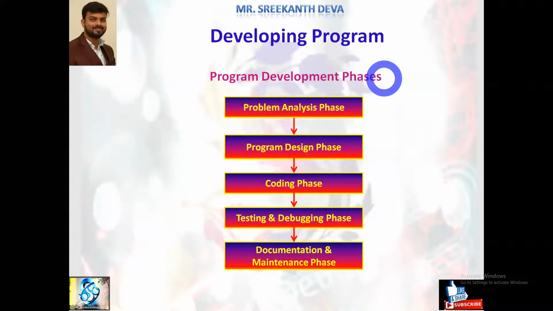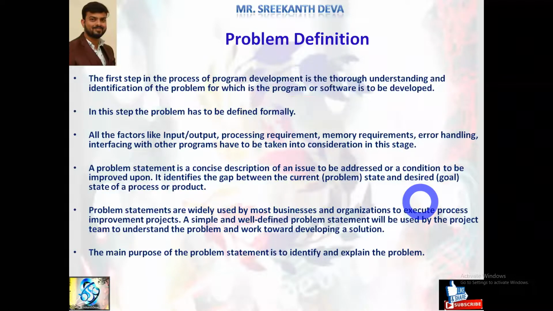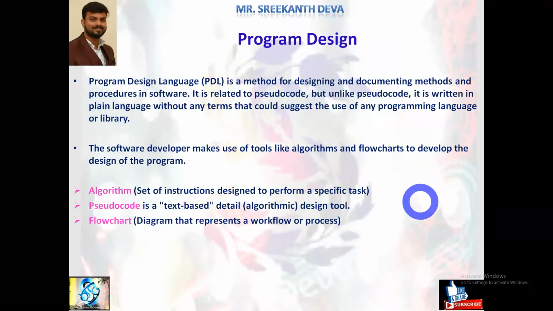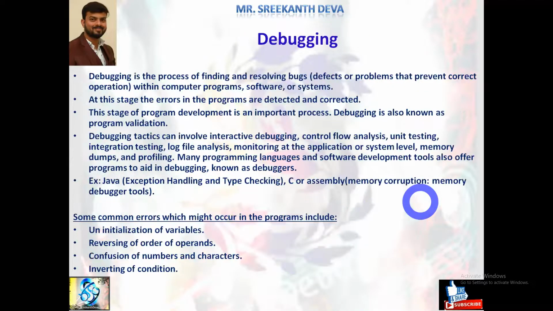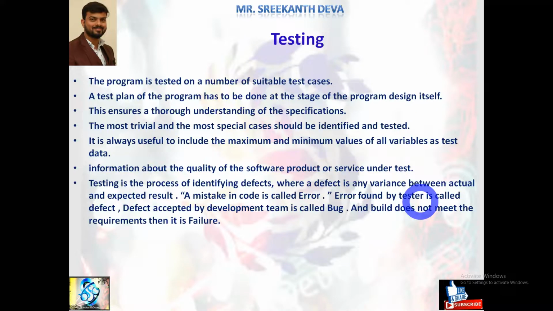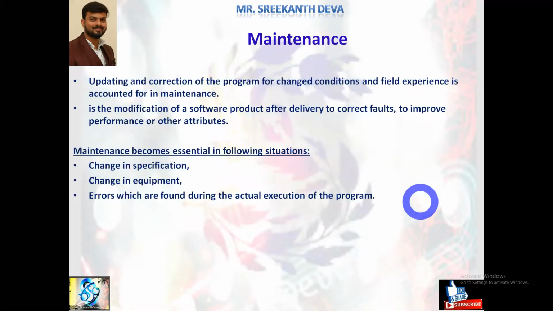These are the phases you need to remember for developing any kind of program: problem analysis phase, program design phase, coding phase, testing and debugging phase, documentation and maintenance phase. This is the way we identify problem definition, program design, coding, debugging, testing, documentation, maintenance.